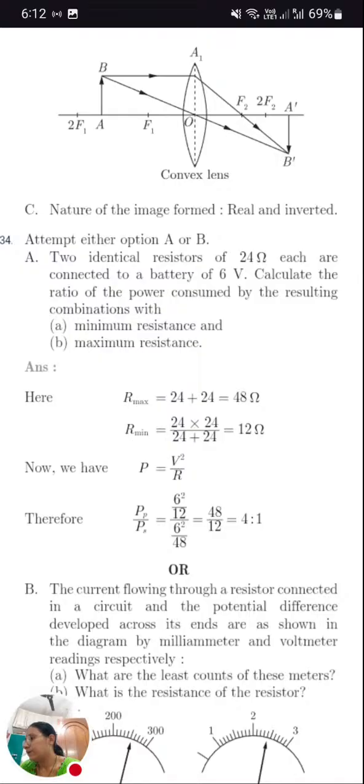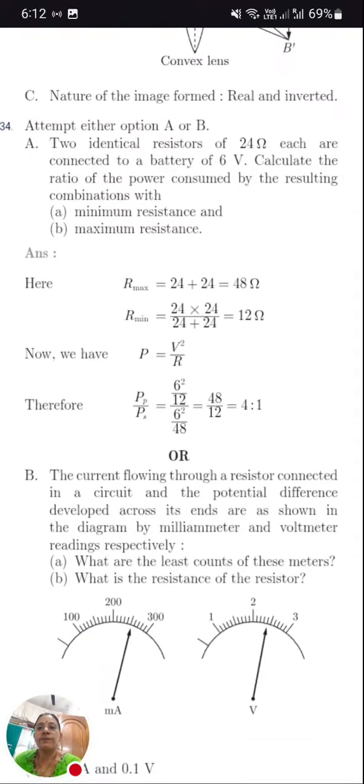Okay, let's move with the answer now. We need to find the ratio of power consumed. Whenever they're asking about power related to series and parallel resistance, remember that the power formula will be V square by R. So here we need to use the formula V square by R upon V square by R. Both the 6 squares will get cancelled. 48 upon 12.